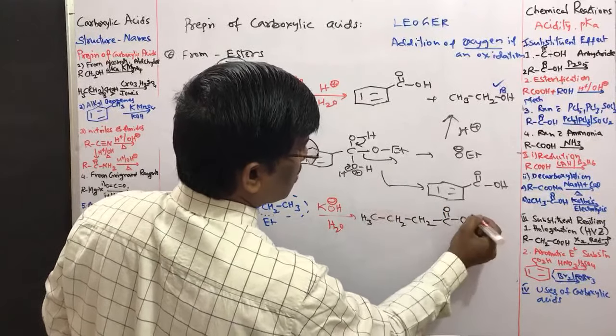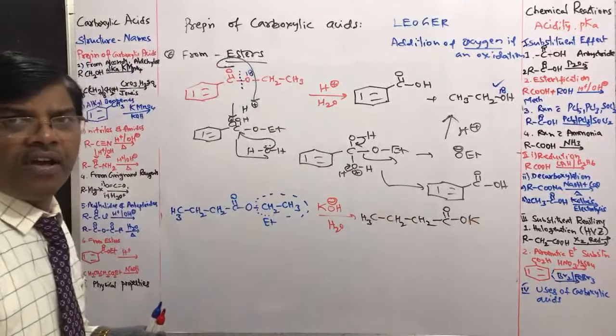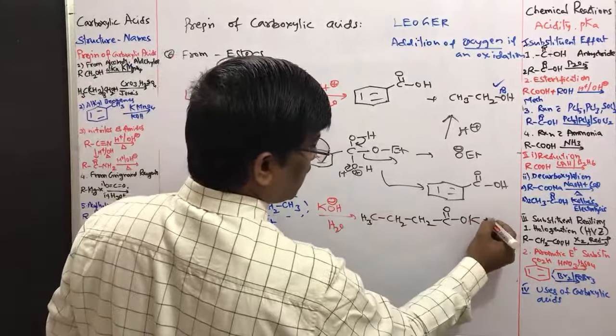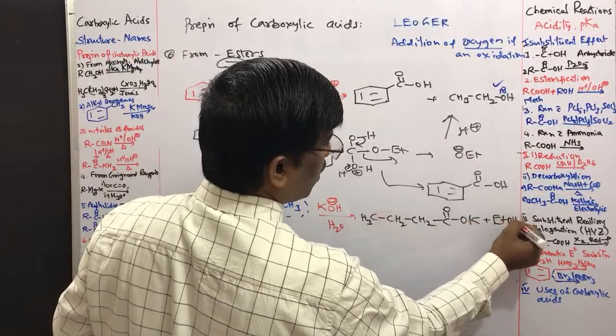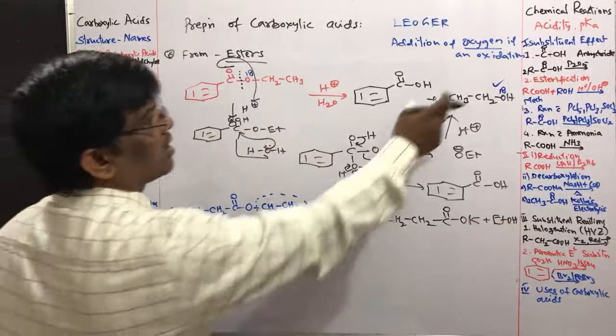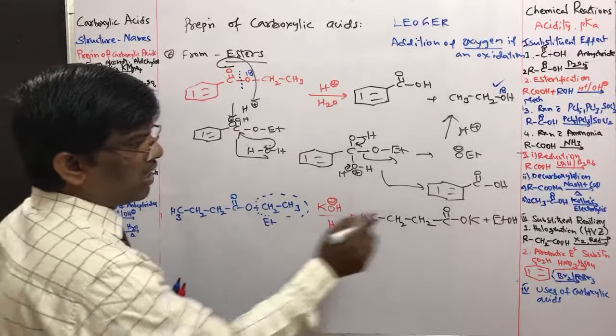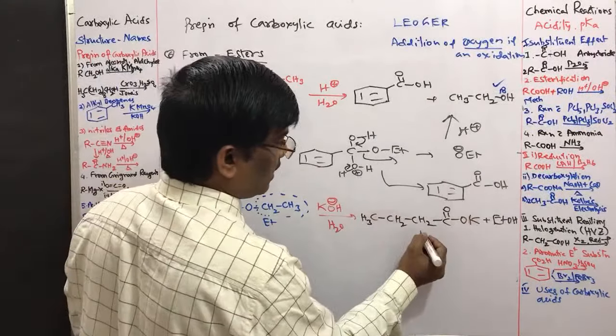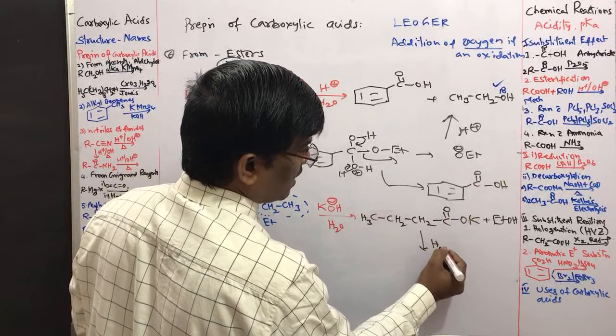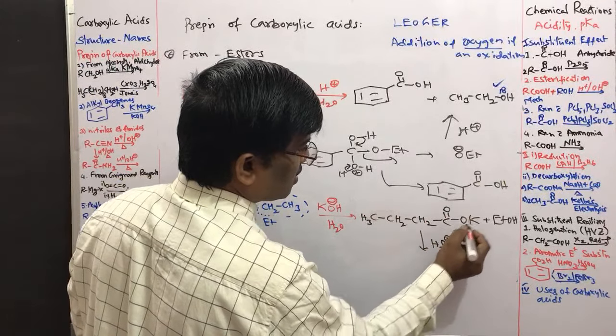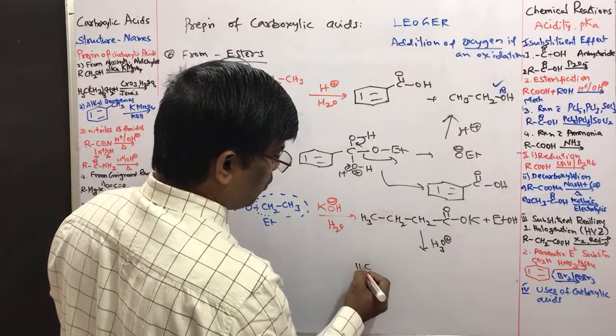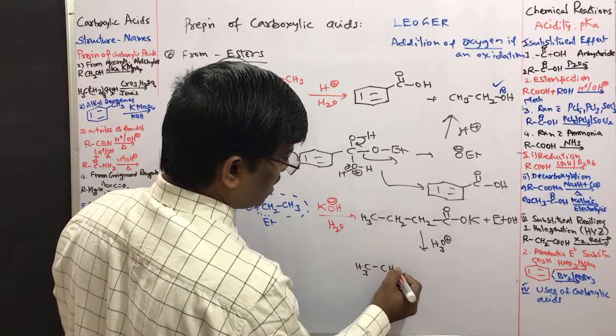Since we are taking sodium, we get the sodium salt of the acid plus ethanol, EtOH. And upon H plus, H3O plus, or acid hydrolysis, it is going to form butanoic acid.